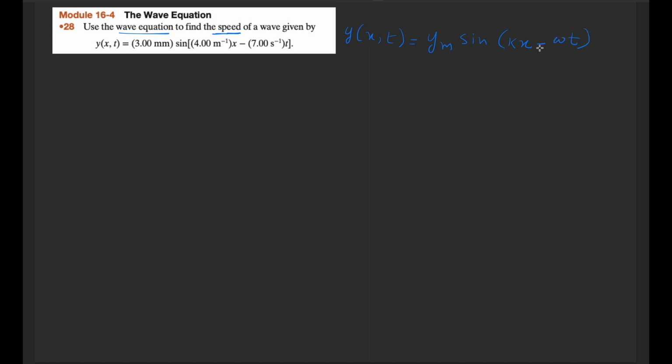This is a traveling wave equation. Here ym is the maximum amplitude and this term is known as the phase of the wave.